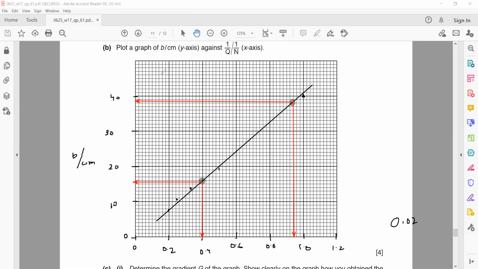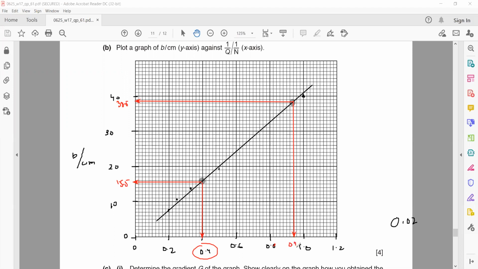So what you will do, for example, this value is 38.5 and this was 11, 12, 13, 14, 15.5. This is 0.4 and this was 0.8, 0.92, 0.94.